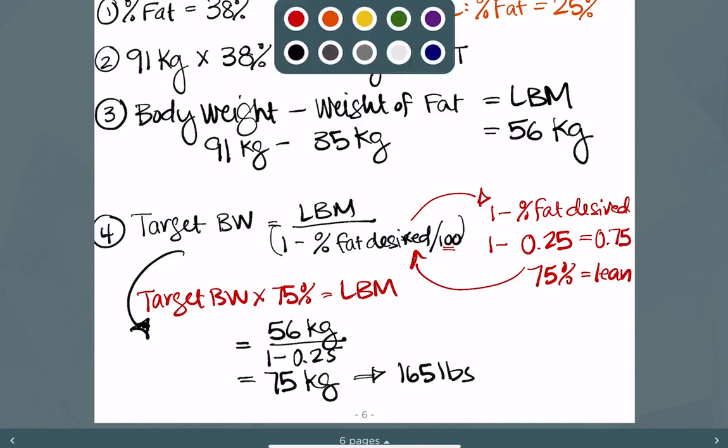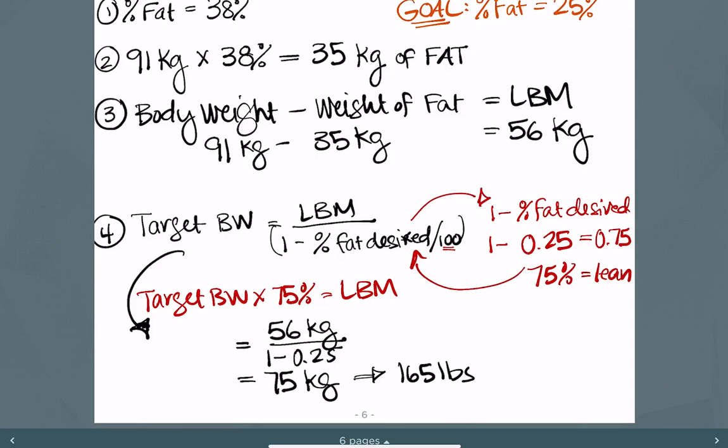So if you're then communicating that to your patient, you're saying, how much would you like to lose? Her current weight is 200 pounds, and her goal weight is 165 pounds. So the goal here is that she loses 35 pounds with whatever is your prescribed weight loss plan.